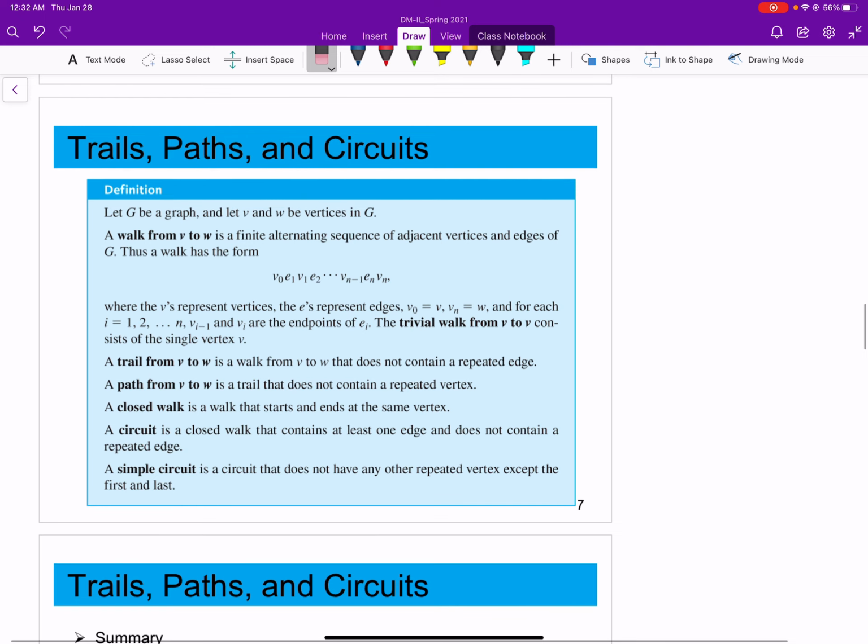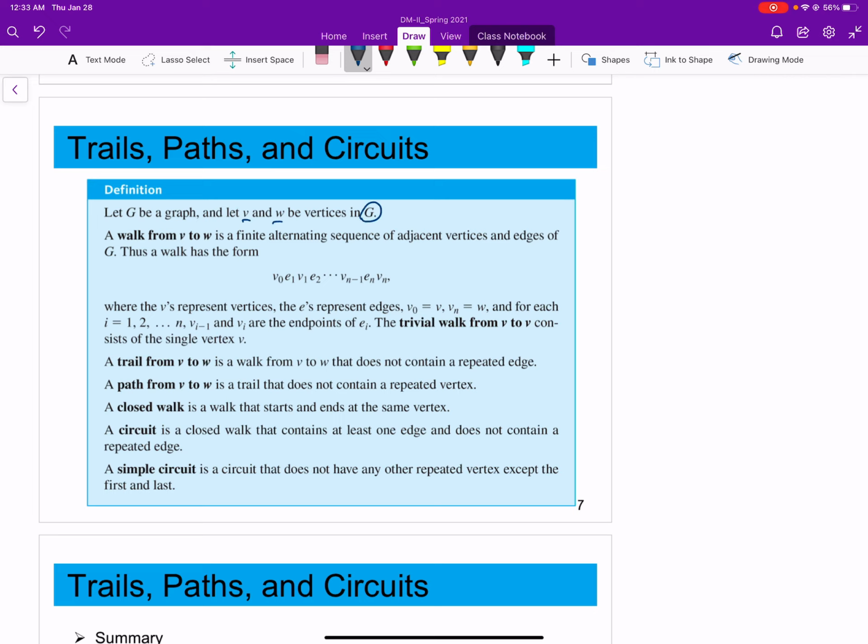Now we are going to learn some technical terms. These technical terms are very important. Let's read one by one. Let G be a graph and V and W be vertices in G. Okay, G is a graph and these are vertices.